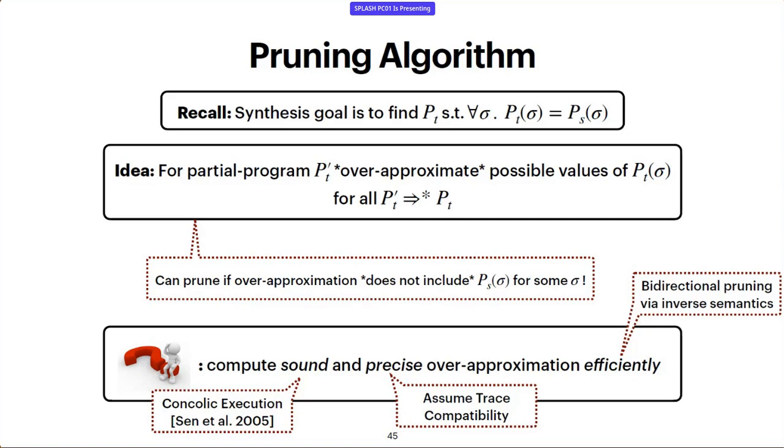In particular, it can be used to take any shared non-terminal and over-approximate the values it can produce by considering all the values produced by shared expressions in the source program. So we can come up with a precise understanding for certain unknowns in the target program. And finally, we can compute this efficiently using a bidirectional approach that takes advantage of the inverse semantics of operators in our language, that I'll explain in a second.